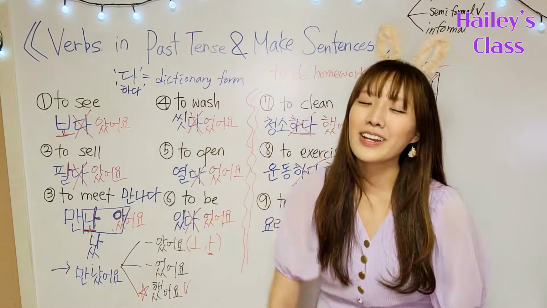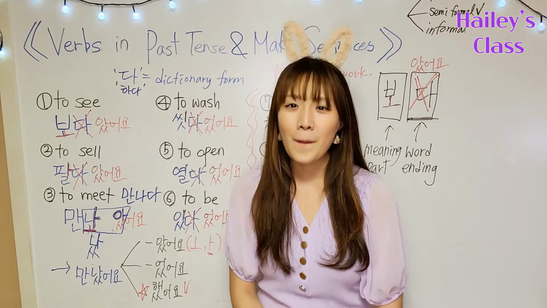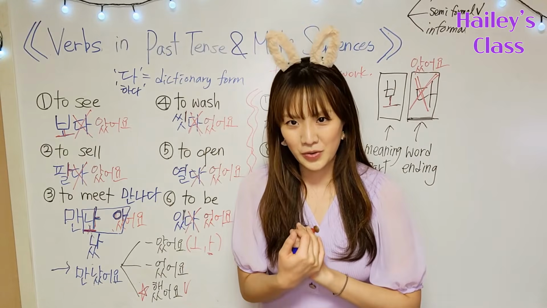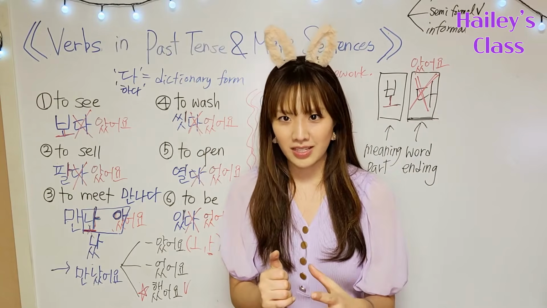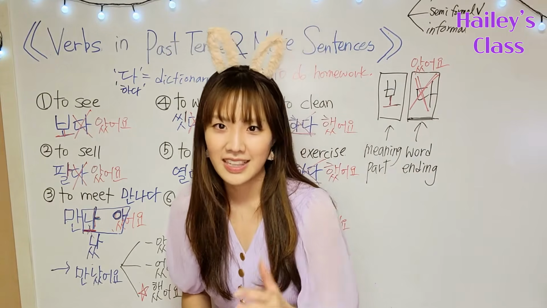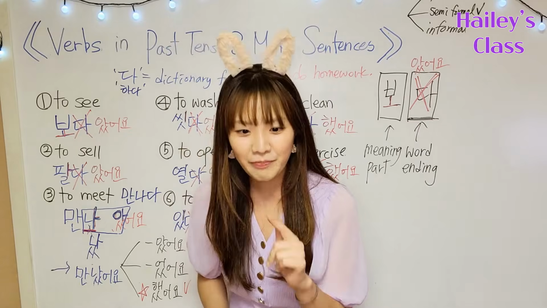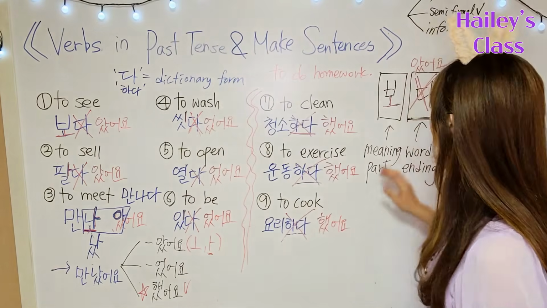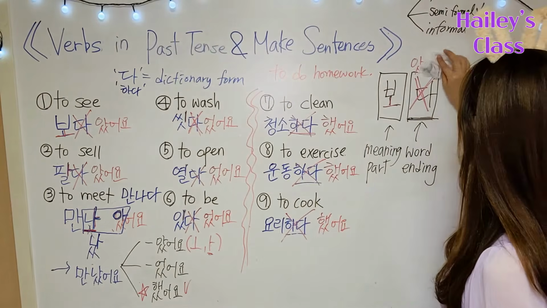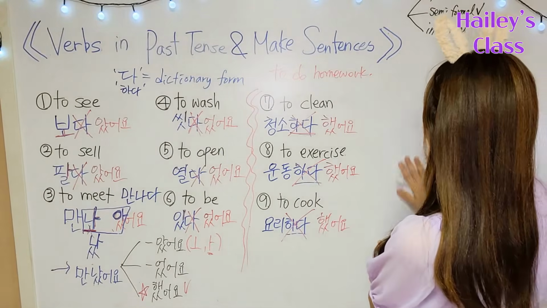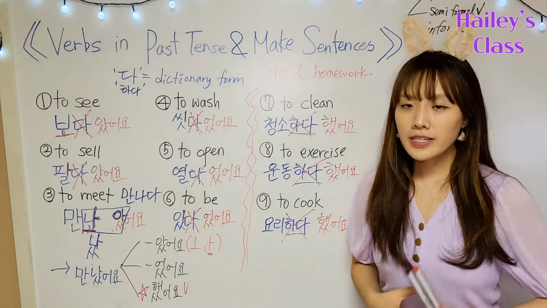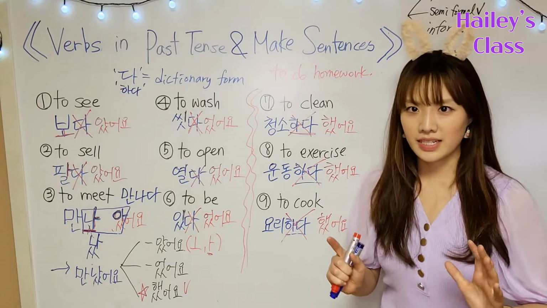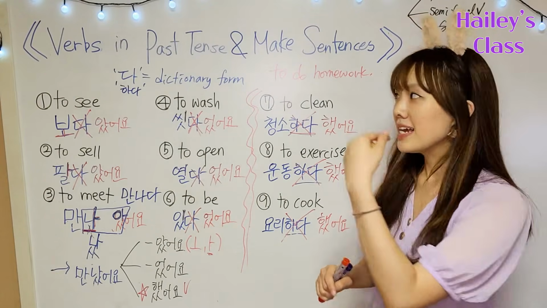So I know this part is a little bit difficult, but let's make a sentence. This is the last part, and then you can do this, okay? Let's make a sentence. Let's go. Okie dokie. First we're going to make very short sentences like I washed.